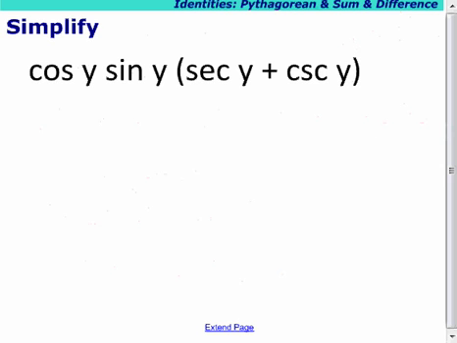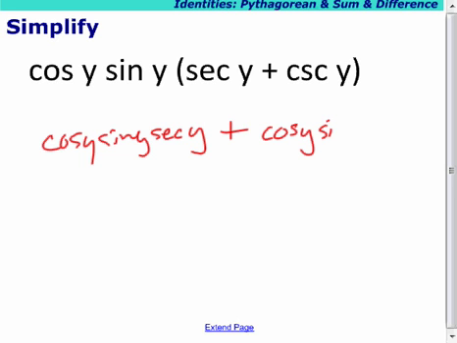Let's try some more examples. Oh, looks like I have a distributive property again here. So cosine times secant would be cos y sec y, plus cosine times cosecant, so cos y csc y.